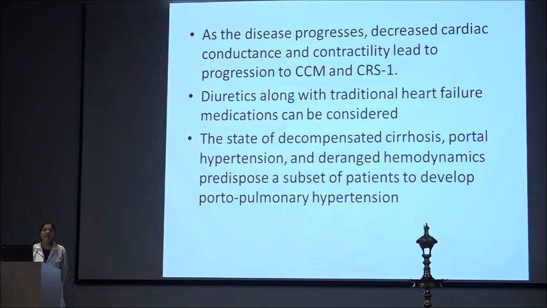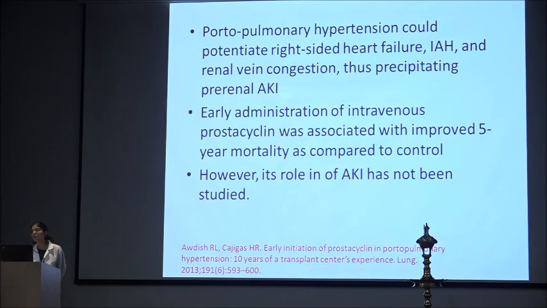Then the state of decompensated cirrhosis, portal hypertension, and deranged hemodynamics also predisposes this group of patients to develop portopulmonary hypertension. Portopulmonary hypertension could actually potentiate the right heart failure, intra-abdominal hypertension, and renal vein congestion, thus precipitating pre-renal AKI. Early administration of IV prostacyclin was associated with improved 5-year mortality, but its role in AKI has not been studied thus far.